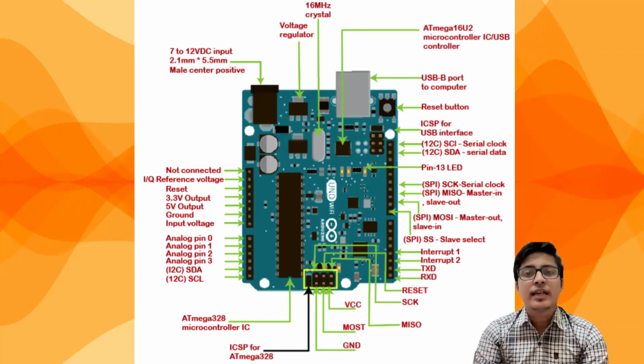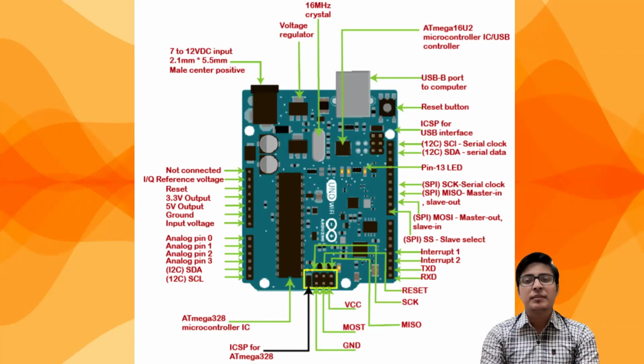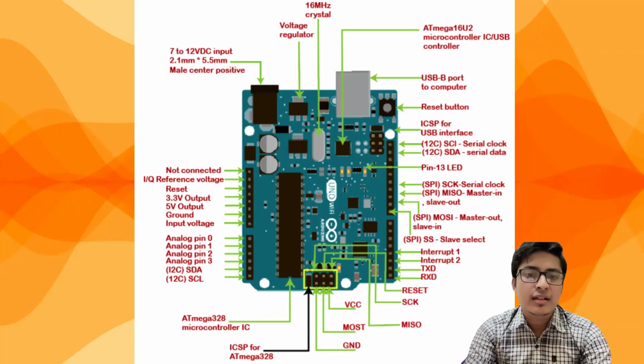Then comes the Atmega 16U2 microcontroller IC, the USB controller. This one is a shorter microchip that basically aids the Atmega 328 microchip. Then 7 to 12 volt DC input, 2.1 millimeter by 5.5 millimeter jack. That's a male, center positive.